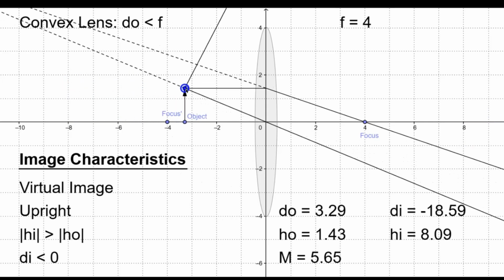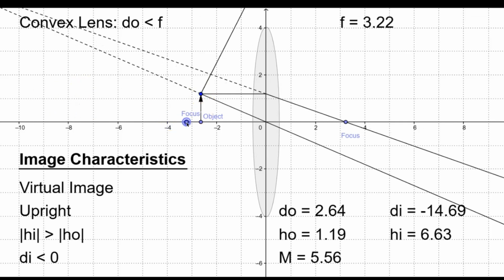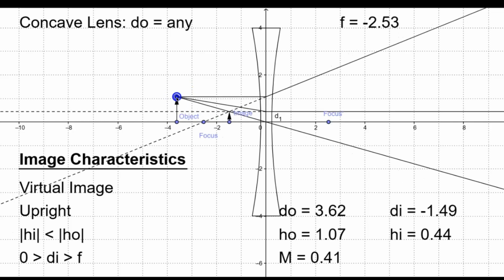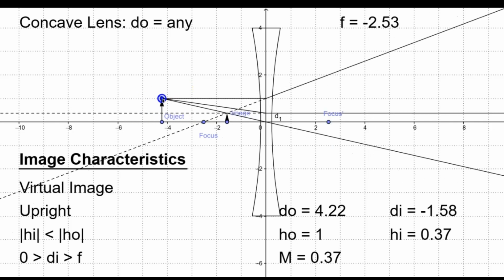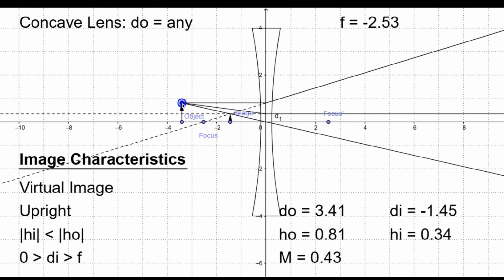Here, the object is closer than the focal length, and notice how this image right here is upright and virtual and bigger. I can also make this into a concave lens, and then notice that no matter where I move it to, this image is always virtual, it's always upright, and you'll notice it's always smaller than the object.